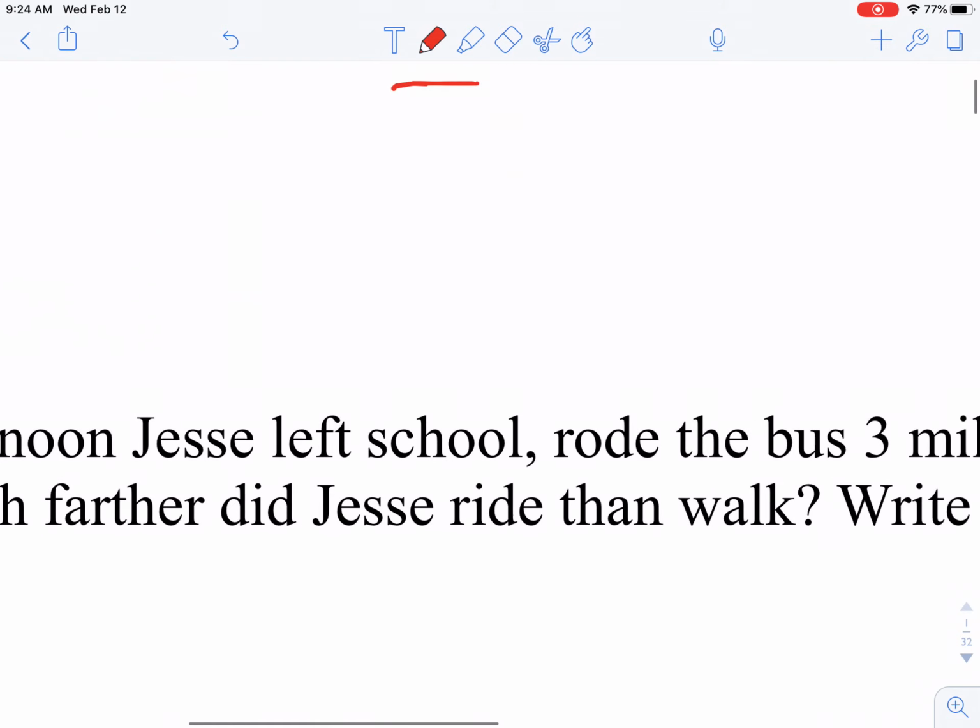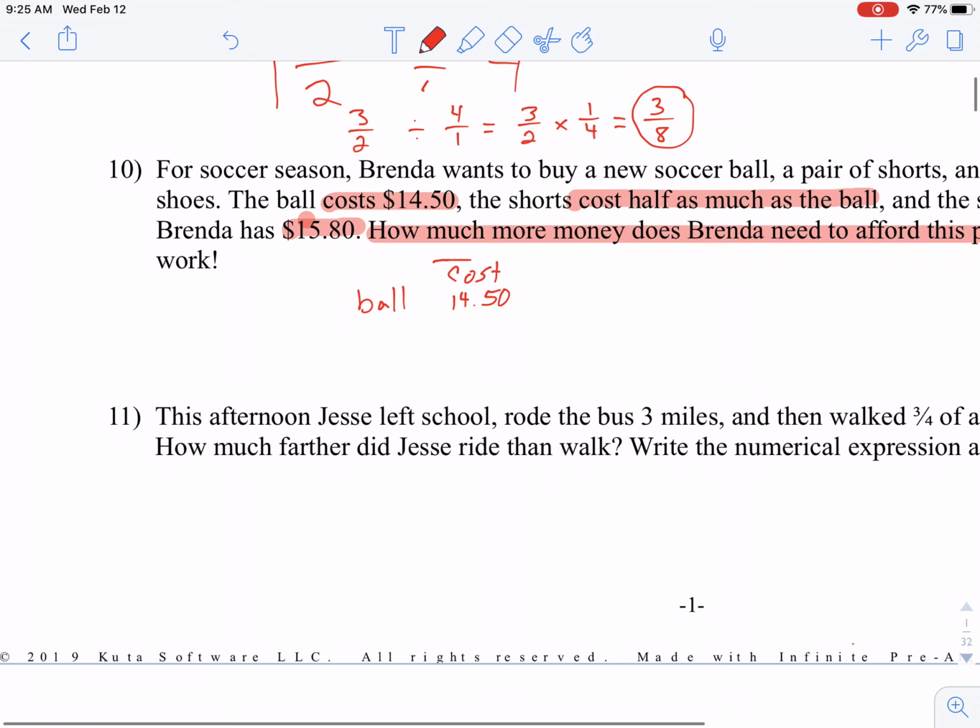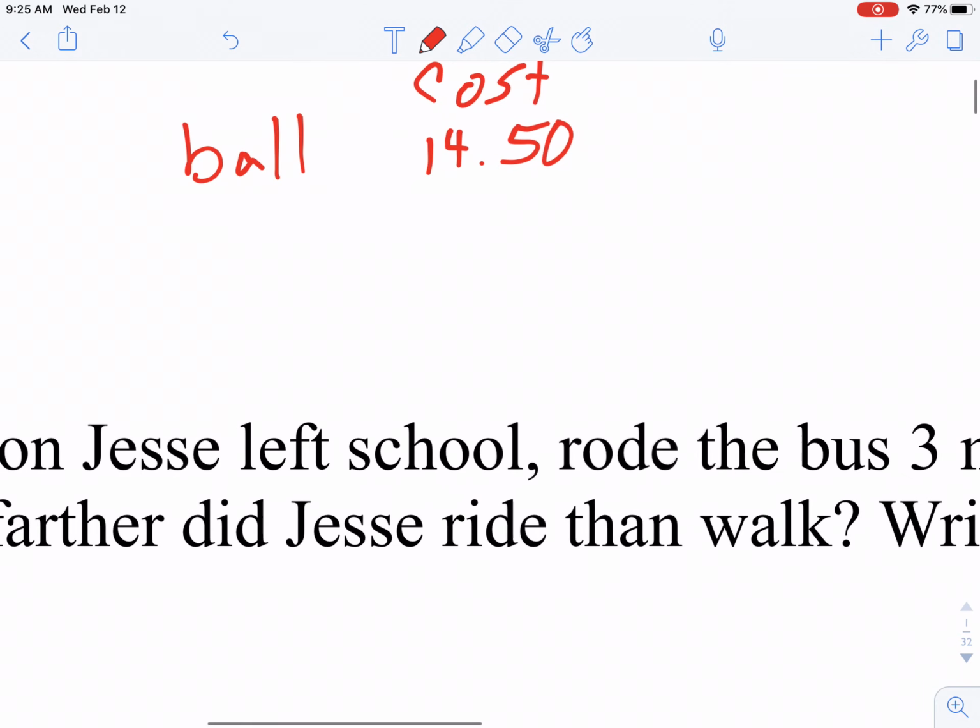So the ball costs $14.50. The shorts cost half as much, half of $14.50.